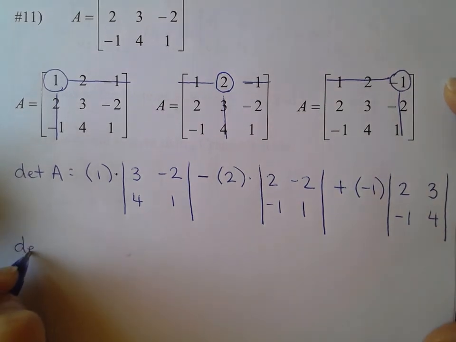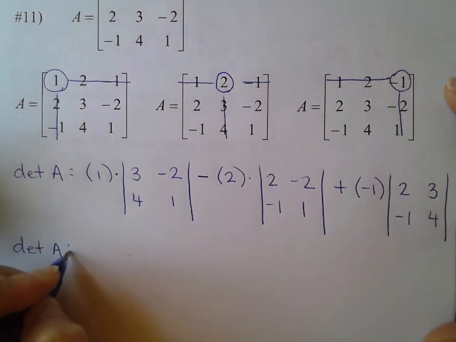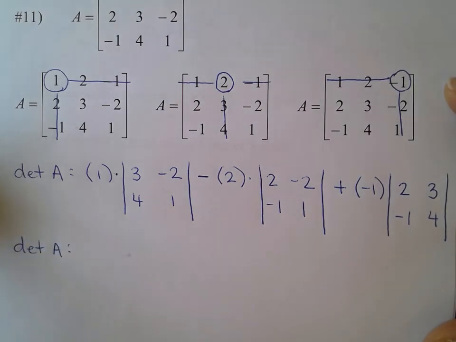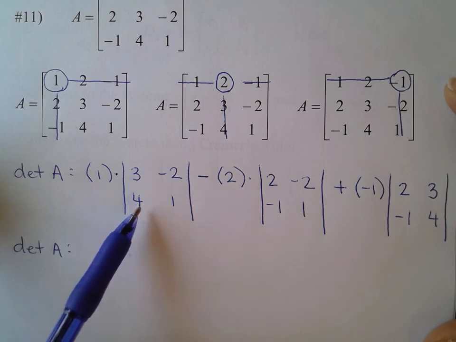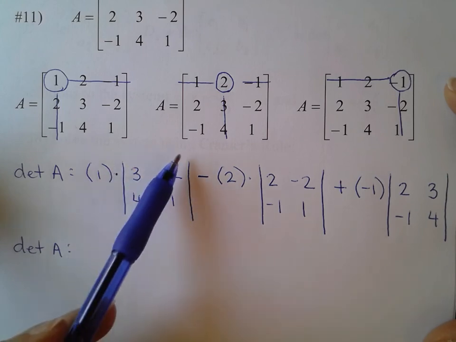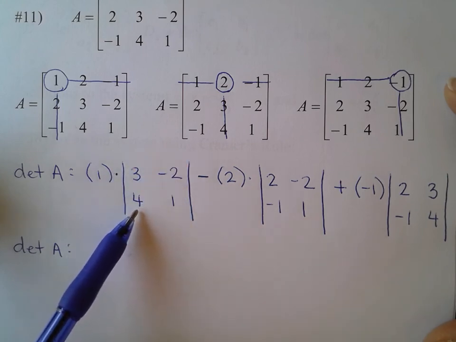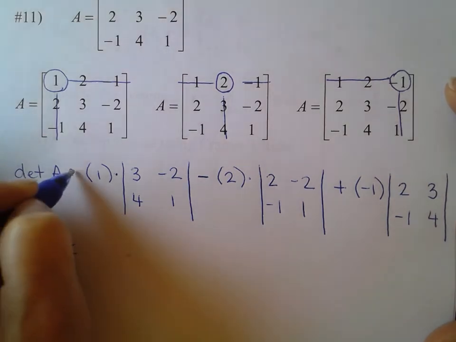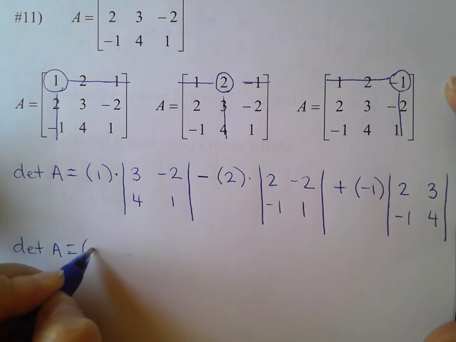So that means that the determinant of A, now we're combining what we've just done with the previous example where we did a 2 by 2, where we multiplied the left diagonal minus the right diagonal. I'm going to try to write all that out for you so you can see what we're doing.